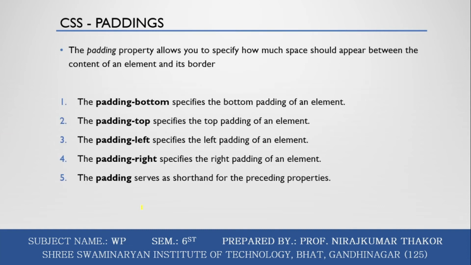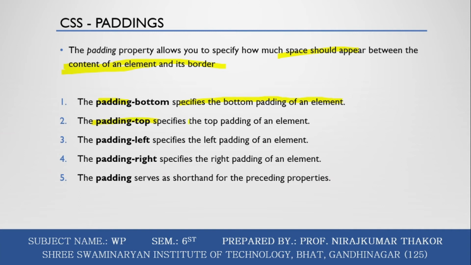Now CSS padding: how to set padding in CSS. The padding property allows you to set how much space should appear between the content of the element and its border. For that we have to use the padding properties. Padding-bottom specifies the bottom padding of the element.